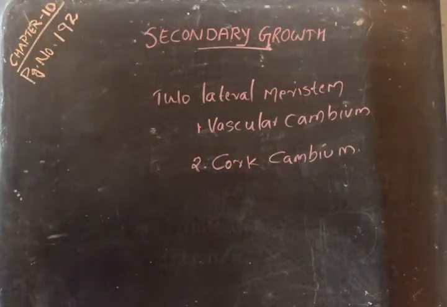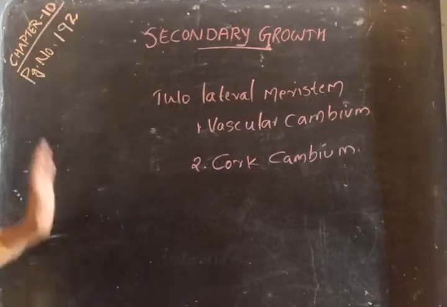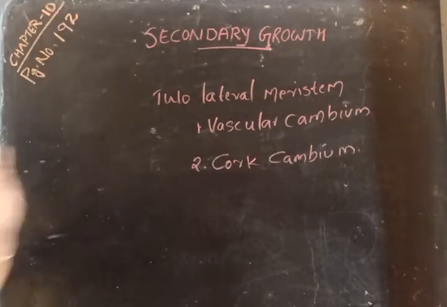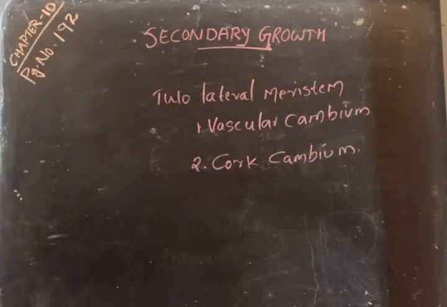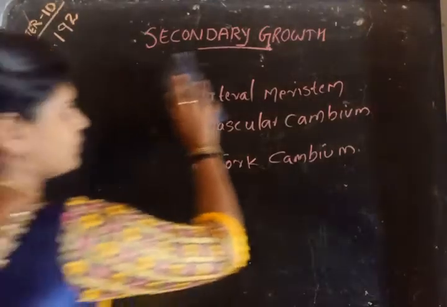In this chapter, we are going to discuss two sections. First, secondary growth in dicot stem, and second, secondary growth in dicot root. First, we are going to study secondary growth in dicot stem.